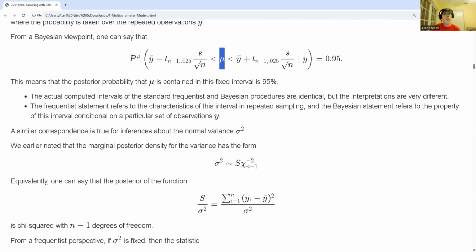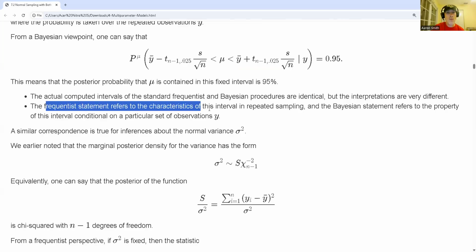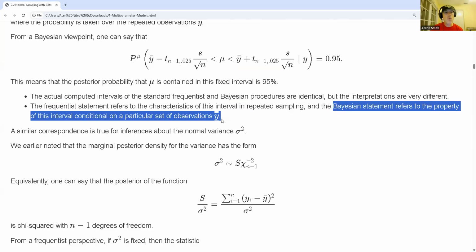This means that the posterior probability that mu is contained in this fixed interval is a 95% chance. The actual computed intervals of the standard frequentist and Bayesian procedures are identical, but the interpretations are very, very different. The frequentist statement refers to the characteristics of the interval in repeated sampling, and the Bayesian statement refers to the property of this interval conditional on a particular set of observations.